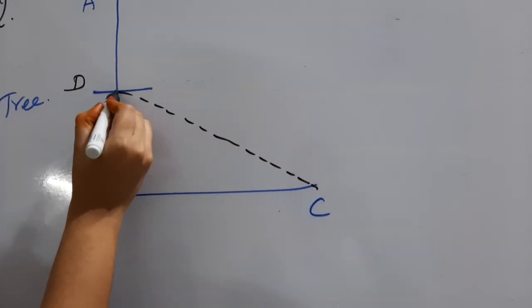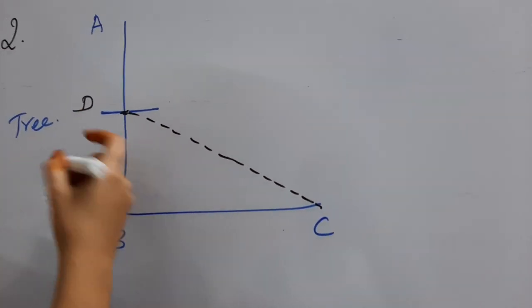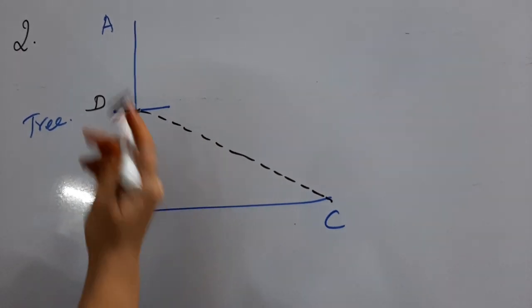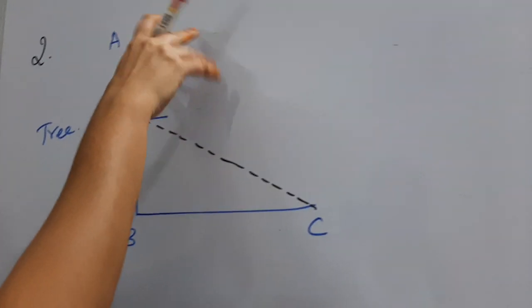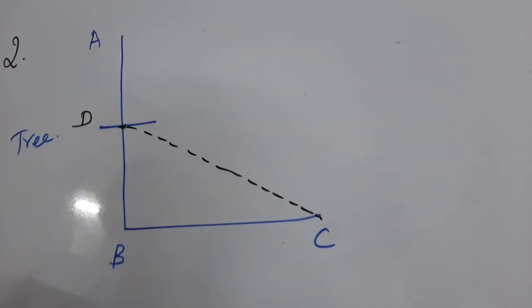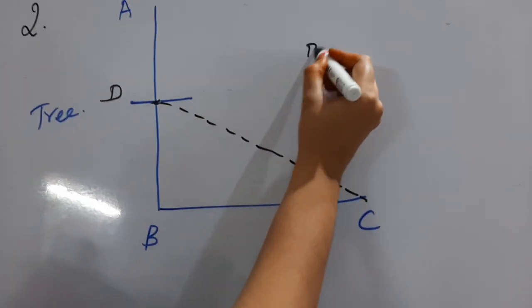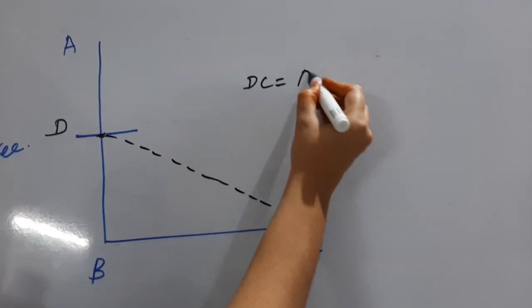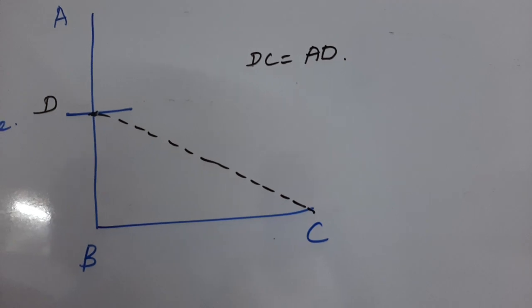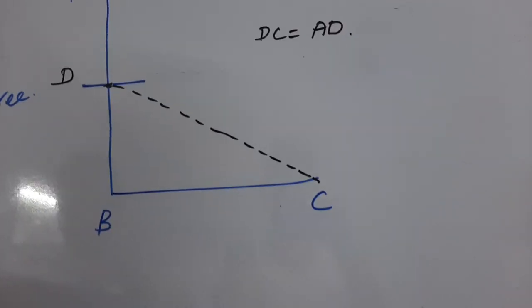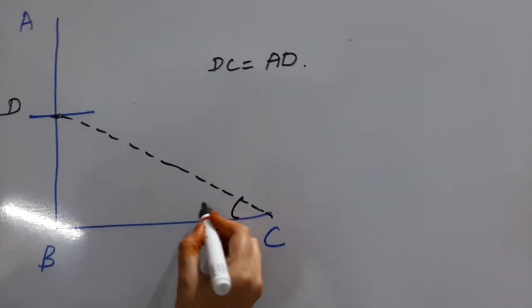Let's say this particular point is D. The actual tree is AB. AD is broken and AD is touching this BC. So DC here is equal to AD, a portion of the tree, and it makes an angle 30 degree with the ground.